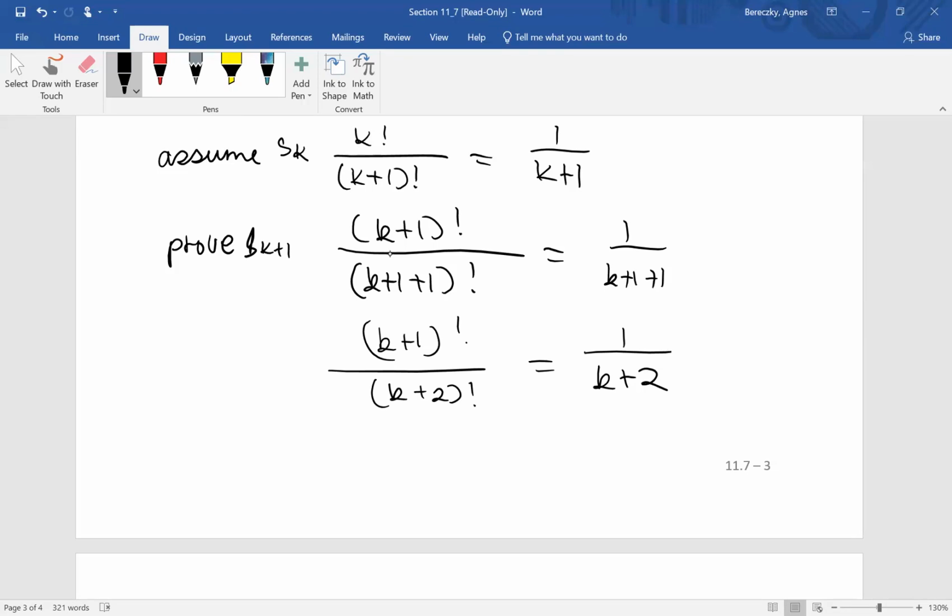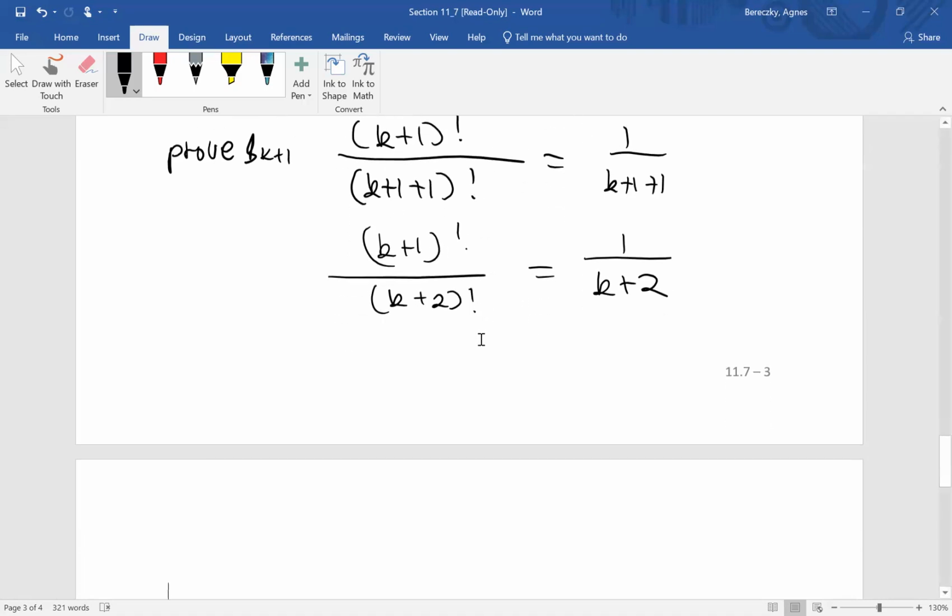If we look at the k plus 1 factorial, this means 1 through all the way to k plus 1. So I can break this up as the k factorial, and our last term will be the k plus 1.